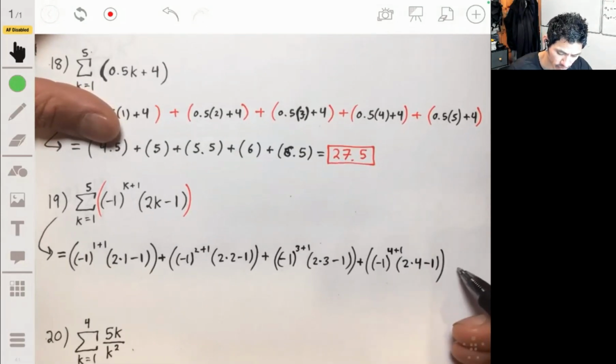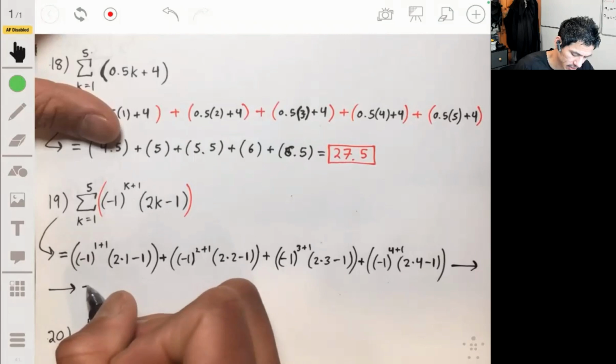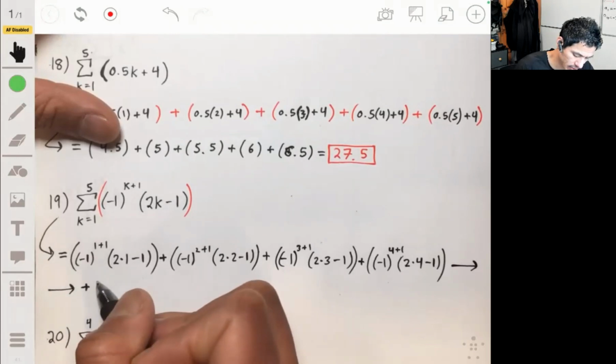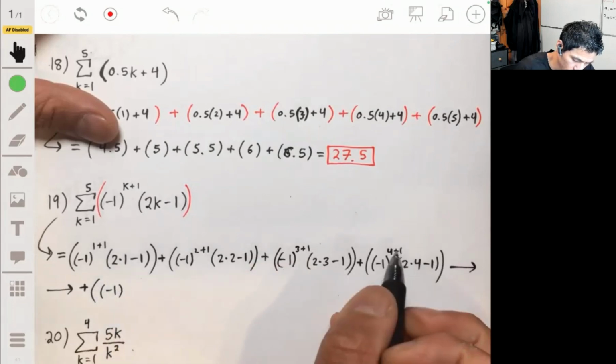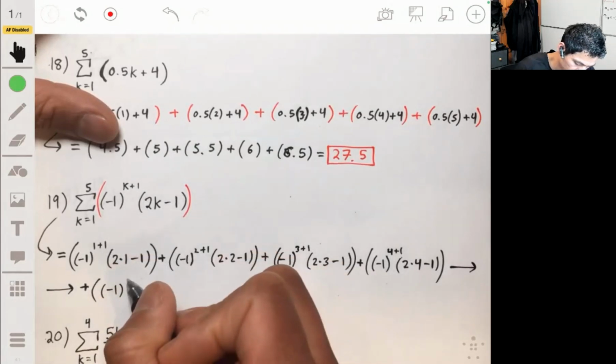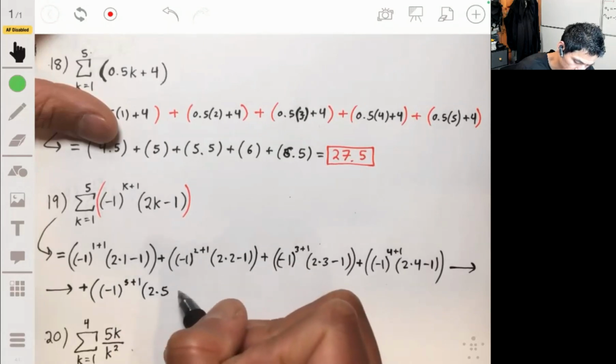And a5 will be, I don't want to squeeze it in there, so let me move it to the next line. a5 will be -1 to the 5 plus 1 times 2 times 5 minus 1.